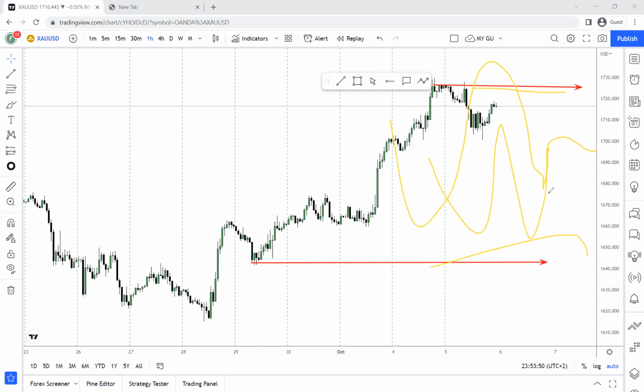And for it to give us 5, it can make a low right here. That's acceptable. But for 5, for us to recognize 5, price needs to break the high. And until it breaks the high, we are saying market is still in a correction. And that will give us 4, the low 4, and that's the beginning of 5.